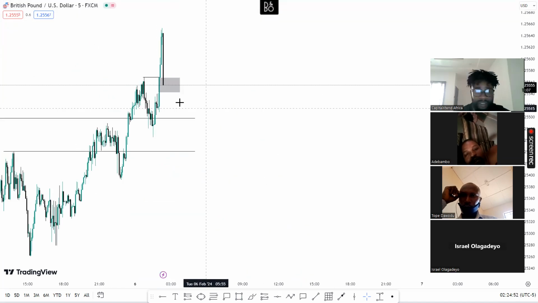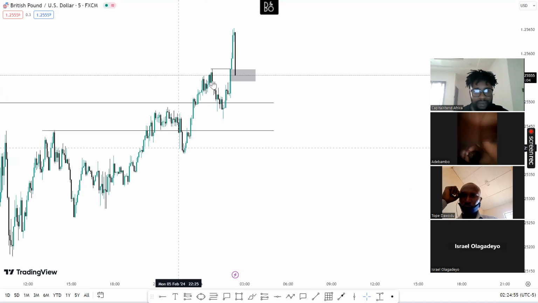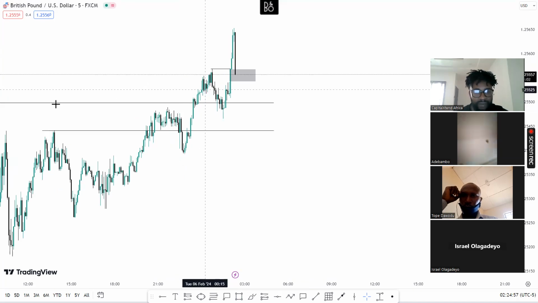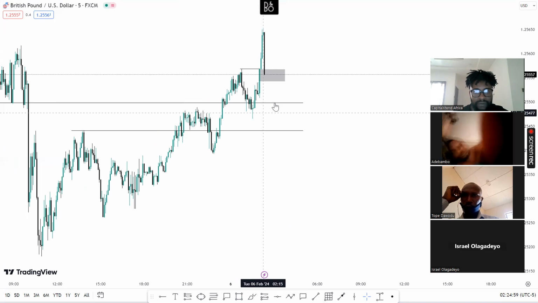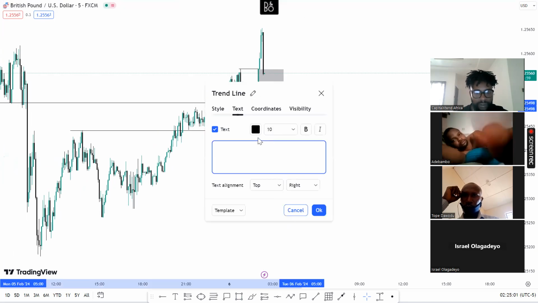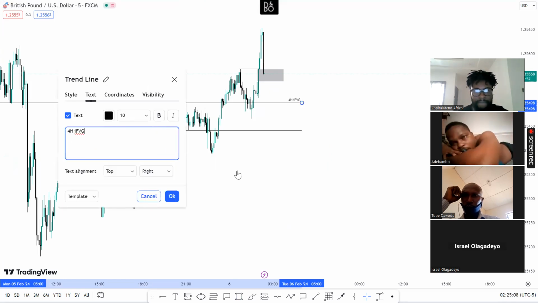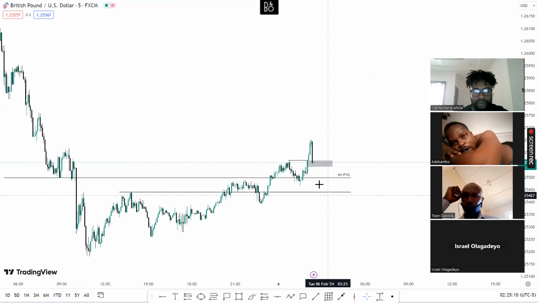But let's just hope, because I've seen a break and retest here, price breaking above this inversion, this 4-hour inversion for IFVG. So price has broken this.